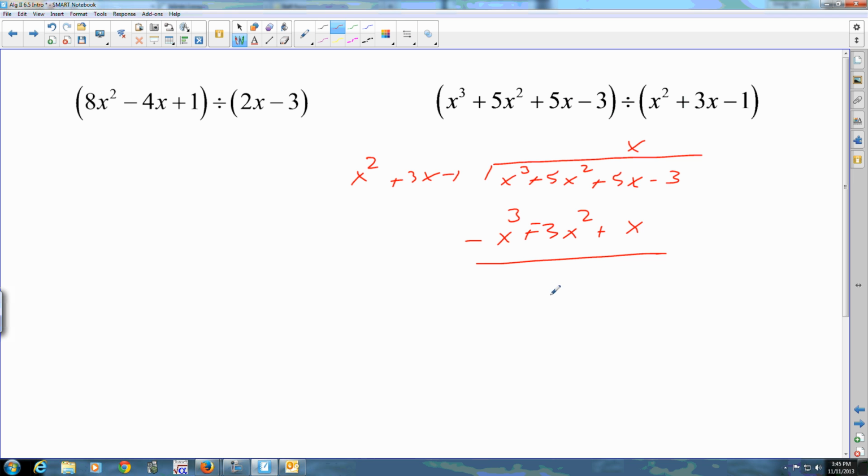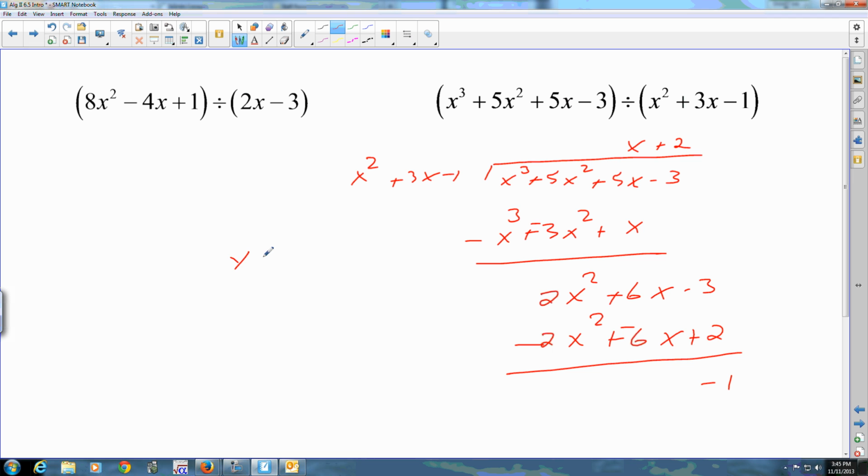That cancels out. And I've got 2x squared plus 6x minus 3. X squared times what will give you that? So 2. So I've now got 2x squared plus 6x minus 2. Change the signs, and I'm left with minus 1. So your answer is x plus 2 minus 1 over x squared plus 3x minus 1.